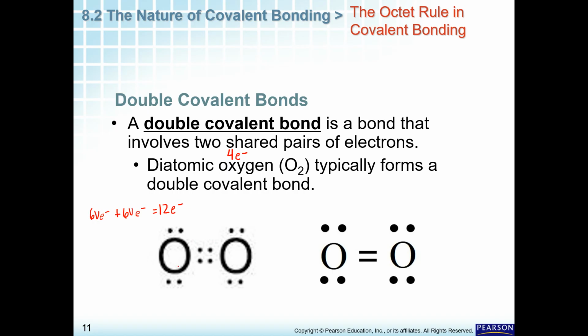So 1, 2, 3, 4, 5, 6, 7, 8, 9, 10, 11, 12. Here we can see that this oxygen has 1, 2, 3, 4, 5, 6, 7, 8. So it's a complete octet. You can see the other side also completes the octet. You can write it as 4 dots being shared between them, hence the 4 electrons, or you can draw the 2 lines, hence the double bond or 2 pairs being shared.